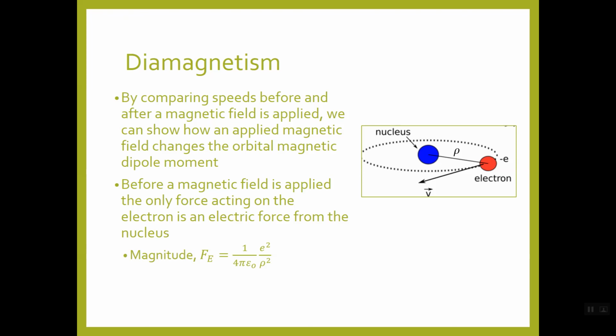If we're looking at a hydrogen atom, the nucleus has charge plus e. So that force is e squared over 4 pi epsilon naught rho squared, where rho is the distance between them. And the direction of the force is towards the nucleus. It's a centripetal force.